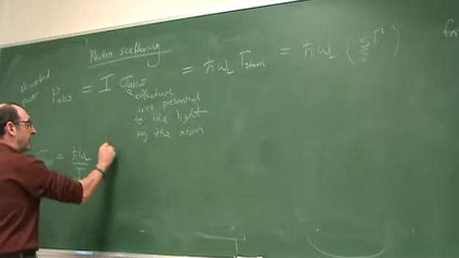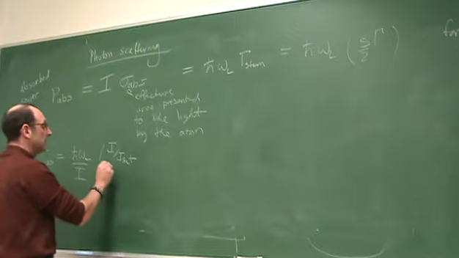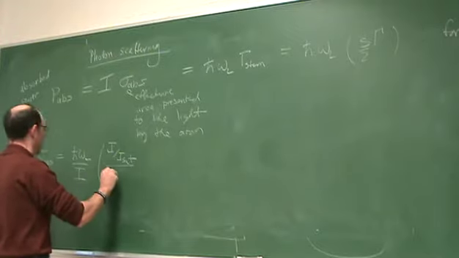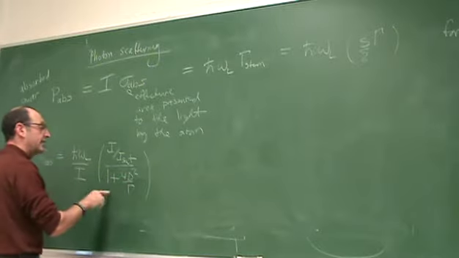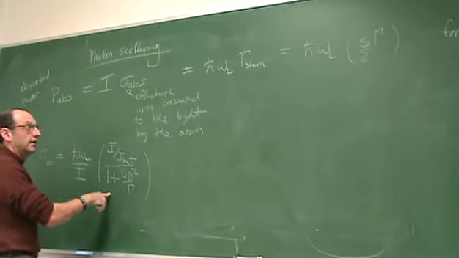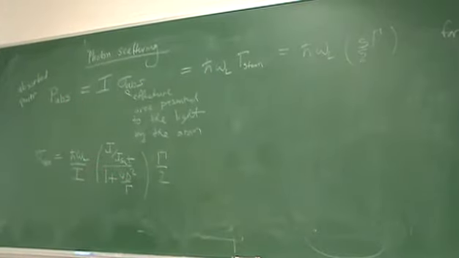The saturation parameter was the intensity over the saturation intensity divided by 1 plus 4 delta squared over gamma squared. That's our saturation parameter. And then we have gamma over 2. Yeah, I think that's right.